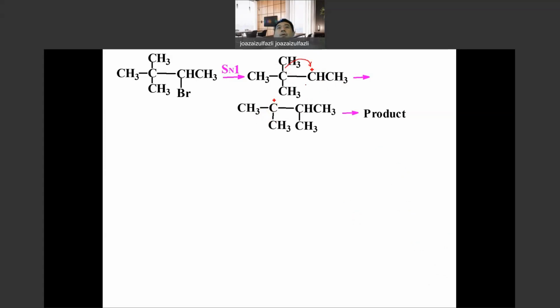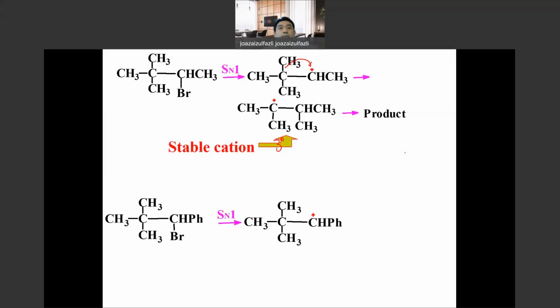This one we call a 1,2-methyl shift because it involves positions 1 and 2, to form this tertiary carbocation. This is secondary. So tertiary is more stable than secondary, and that's why the rearrangement, the migration, occurs. Then it will form product, either a substitution or elimination product.